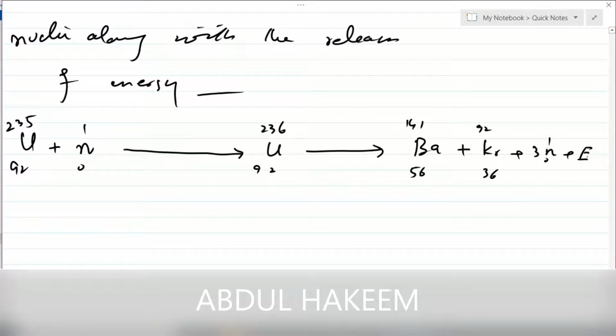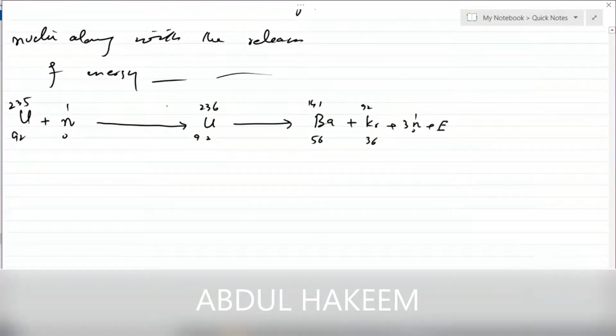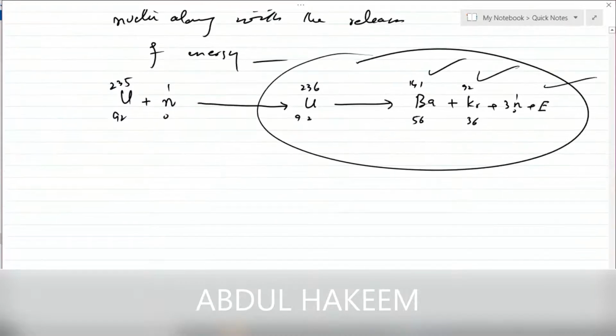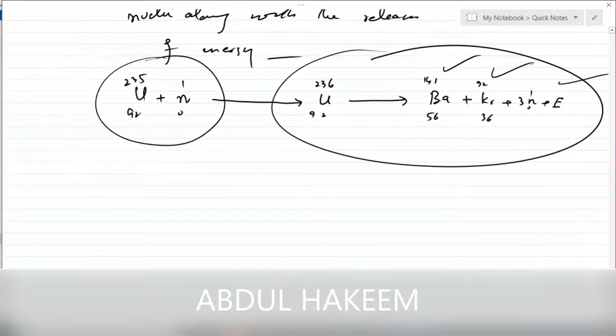So look, this uranium 236 is splitting into two light nuclei, barium and krypton, along with the release of energy. So the process occurs due to the collision of the neutron and this. Neutron is neutral.